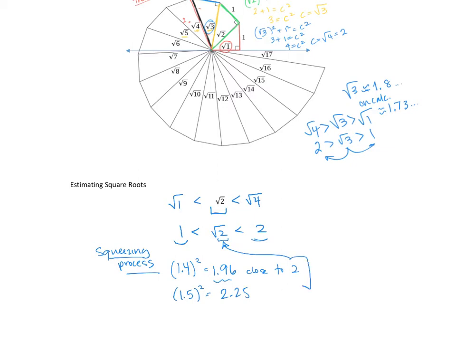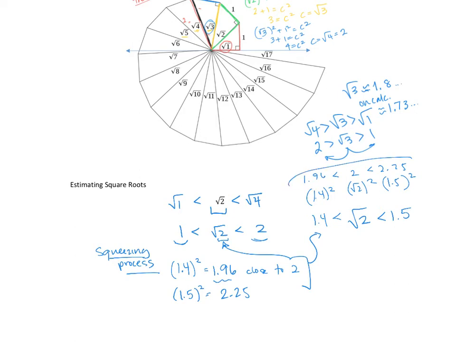So what we've done now is narrow down the interval. Radical 2 is between 1.4 and 1.5, and that's again because 1.4 squared, radical 2 squared, 1.5 squared, our numbers are going to be 1.96, 2, and 2.25.